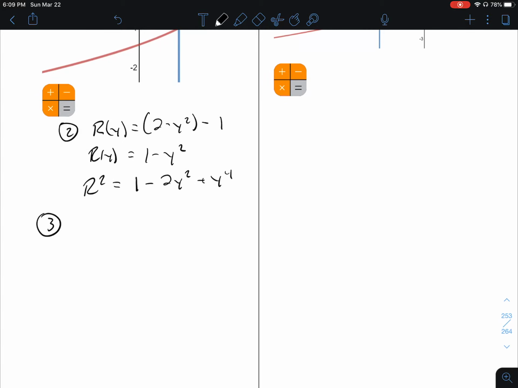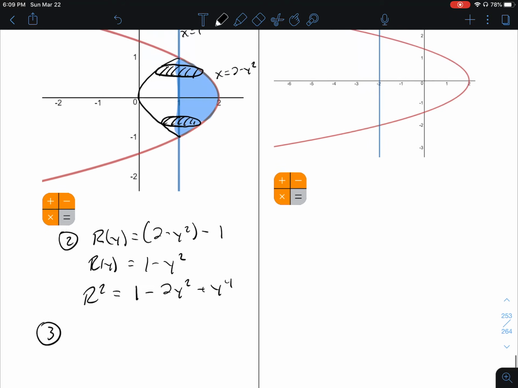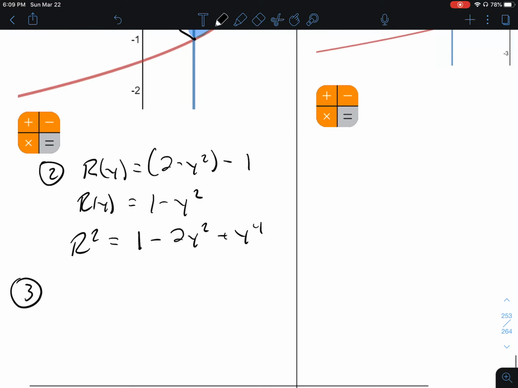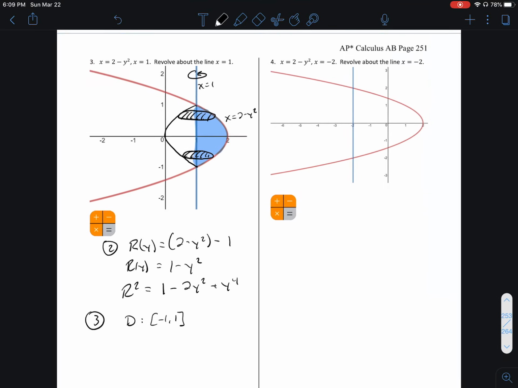Step 3, what's the upper and lower bound? Well, the upper and lower bound from this, we're going to go from -1 to 1. We can call that domain if we want. We're used to saying domain is the x values. It's not really true. Domain is what you're putting into the function.